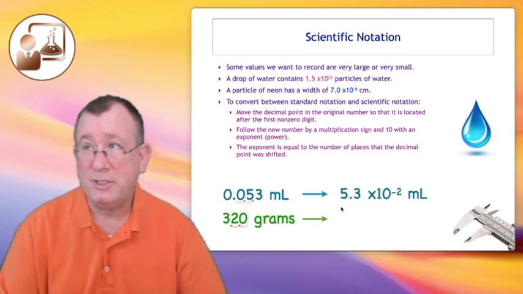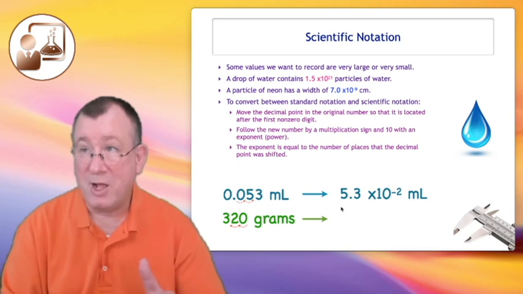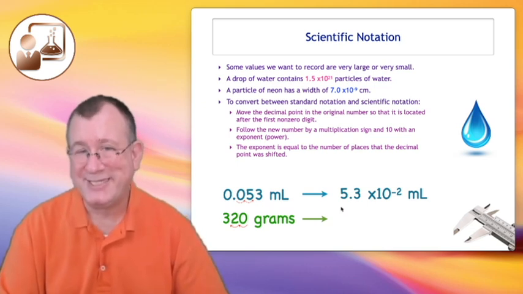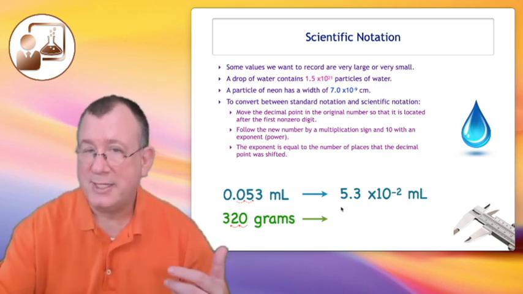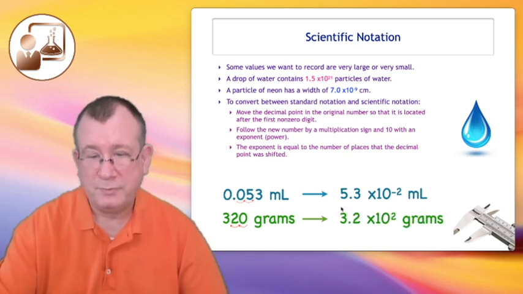And then you got to use your label, factor and label. 5.3 times 10 to the minus 2 milliliters. 320 grams, factor it out, but I'm taking out now tens instead of tenths. Still taking out 2 of them. That's 3.2 times 10 to the second.